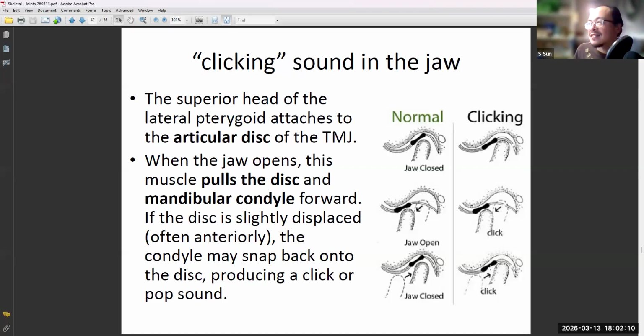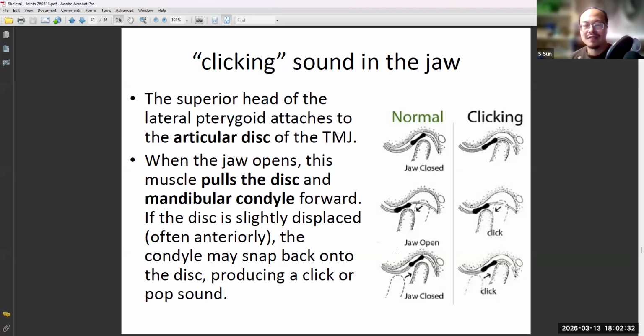It's because when the disc moves, the condyle may slide back, and so you can have that kind of sound, right? Like a click sound. So now you know what caused this jaw movement and the sound.